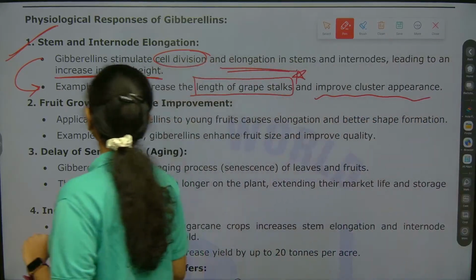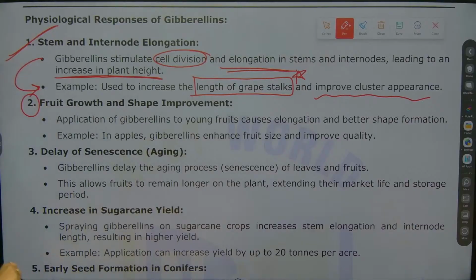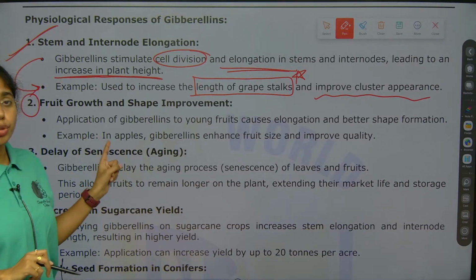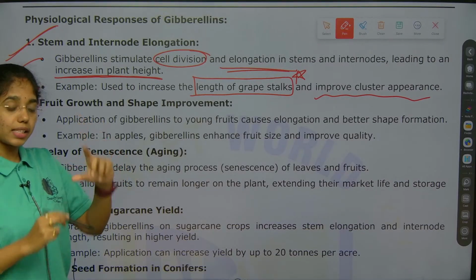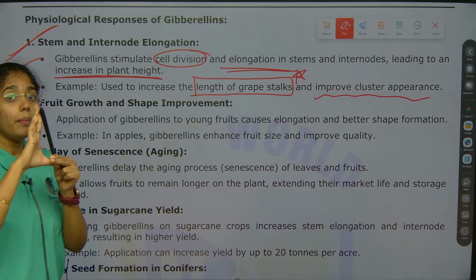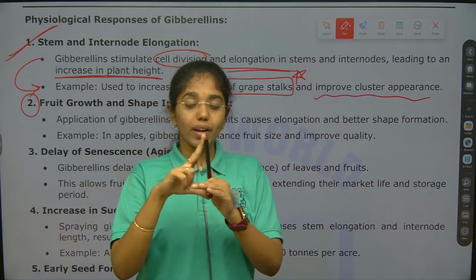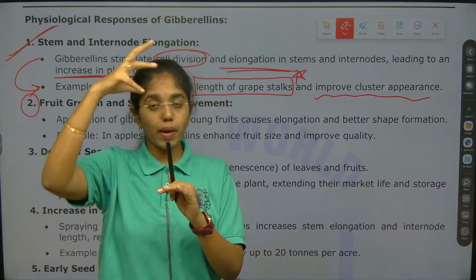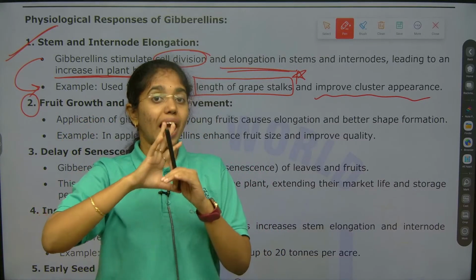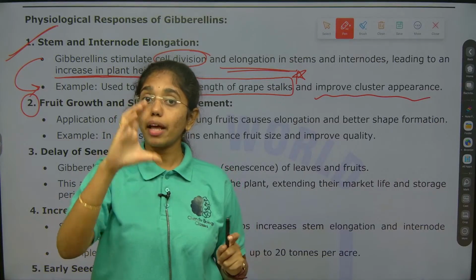Second is fruit growth and shape improvement. How can you improve the shape and fruit growth? That is also by applying gibberellins. The main stalk size of the pedicel will be increased, the entire flower turns to fruit, ovary size will increase, and the stalk bearing the fruit will increase. As such, the fruit will get a definite shape.